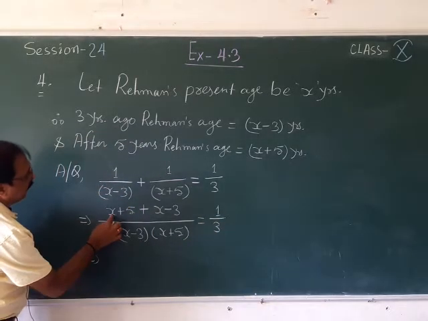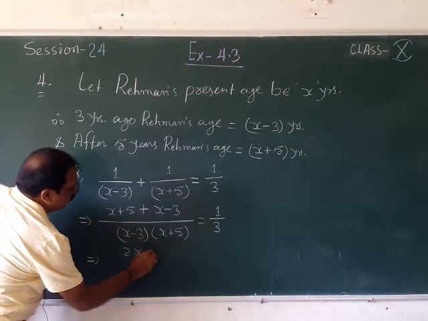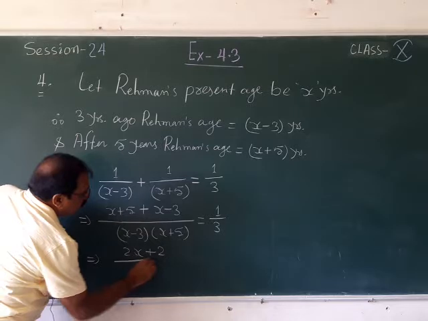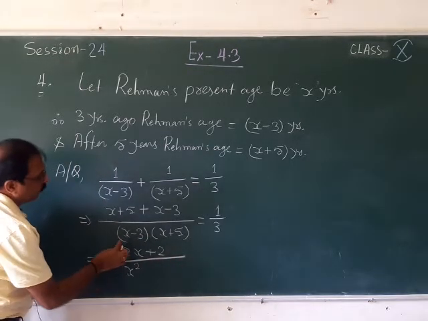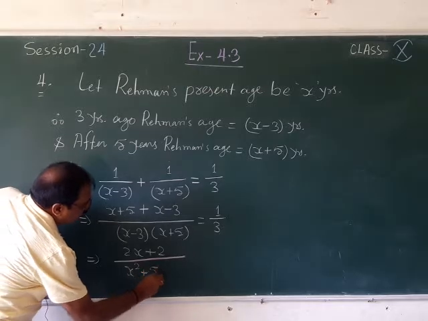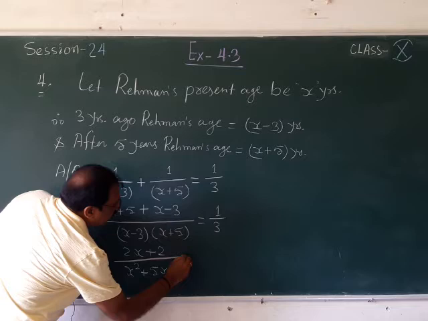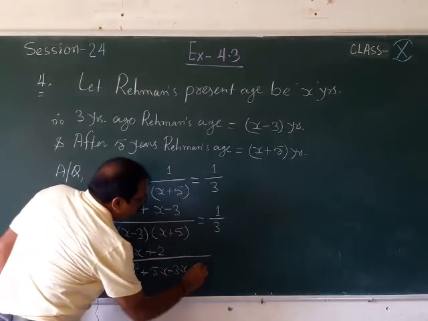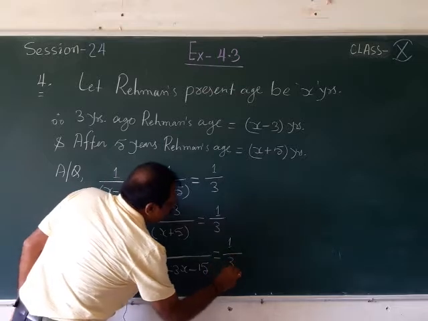Further, here x and x you can add, that becomes 2x, and 5 minus 3 becomes 2. Now this you can multiply: x and x when multiplied will give you x square, x into 5 will give you 5x, minus 3 into x will give you minus 3x, and minus 3 into 5 will give you minus 15, and that is equal to 1 upon 3.